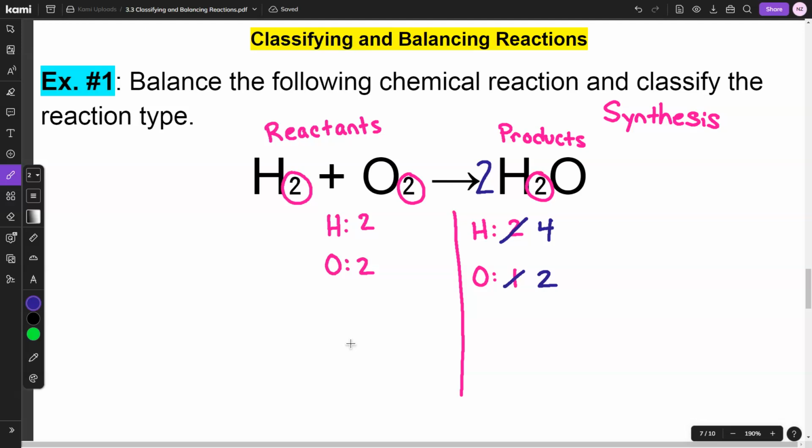Okay, so great, I fixed the oxygens, but now the hydrogens aren't balanced. To balance the hydrogens, I need 4 hydrogens, so let's put a coefficient of 2 in front right here. 2 times 2 makes this 4. And that's it. You want to just make sure that all of the atoms balance. Now, the reason we're balancing this is because of conservation of mass.